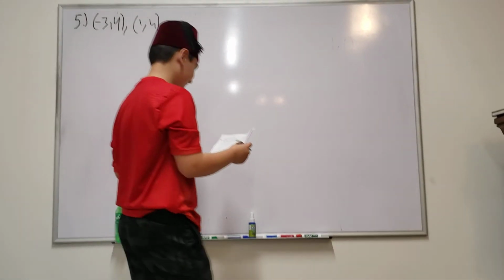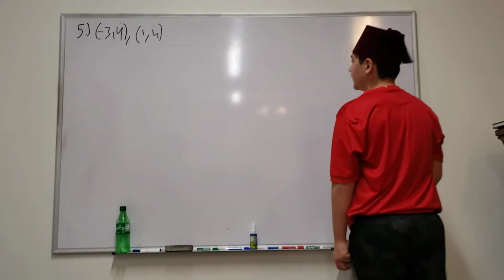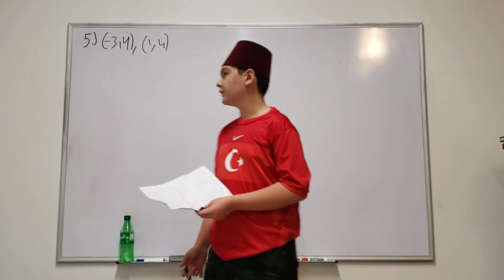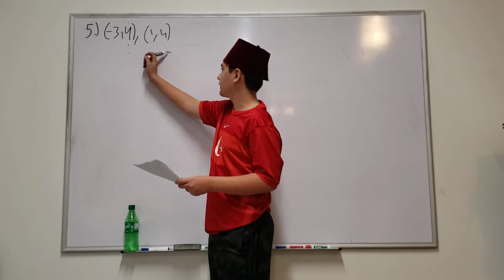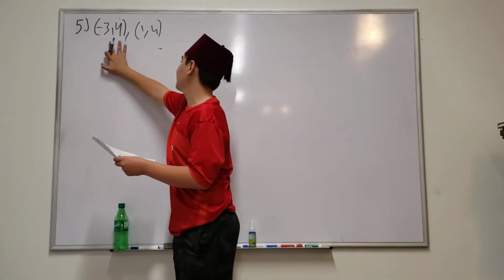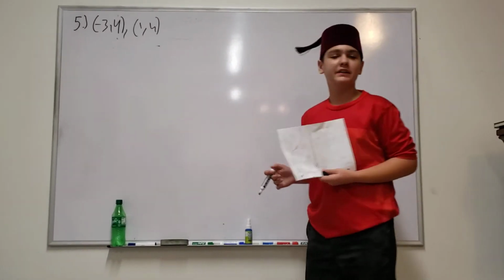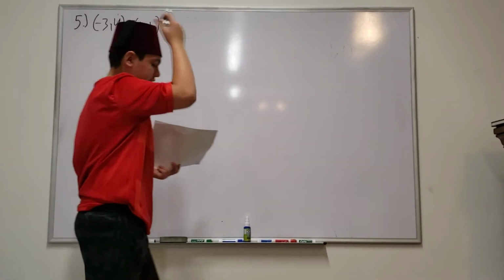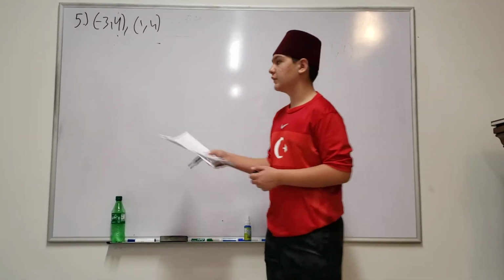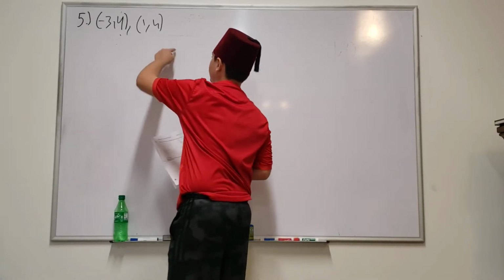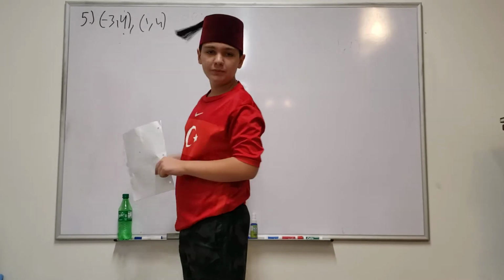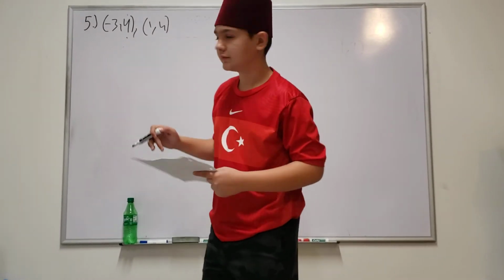Right? So first off we're going to find the slope, but we see we have two same y values, and that means the slope is 0, so we don't need to find the slope. So we're going to pick which x and y values to substitute in for x1 and y1. I'm just going to use the positive numbers since it's much easier.